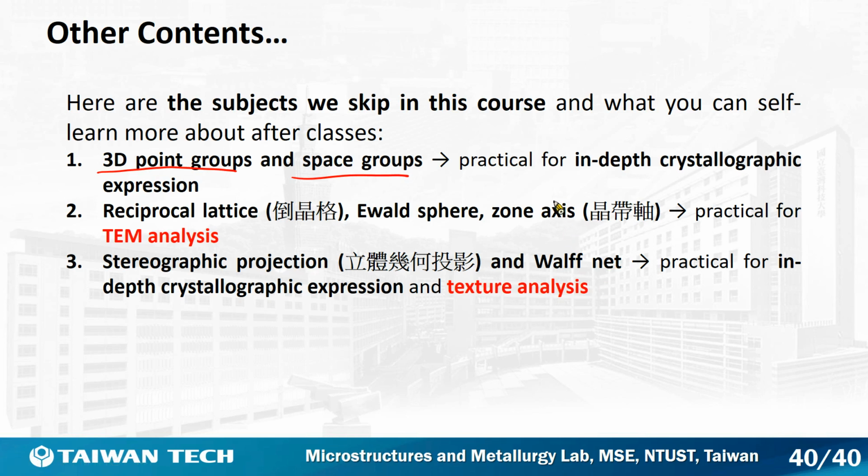So it can maybe be used for in-depth crystallographic expressions. And also reciprocal lattice, and zone axis. We skip this part in this course. This could be practical for TEM analysis. If you have interest in this, you can take the course for TEM.